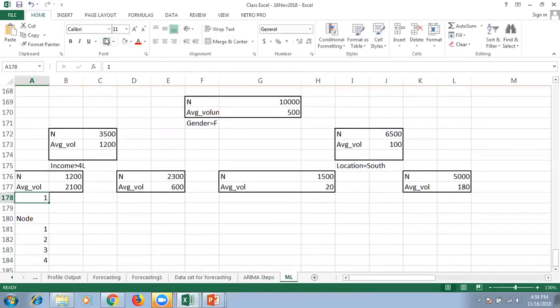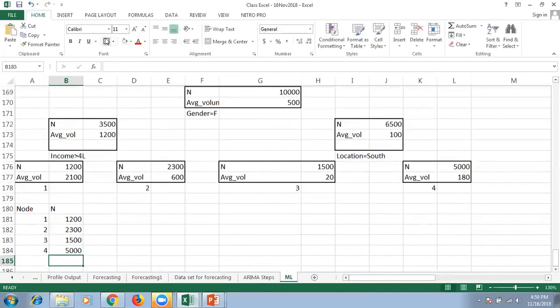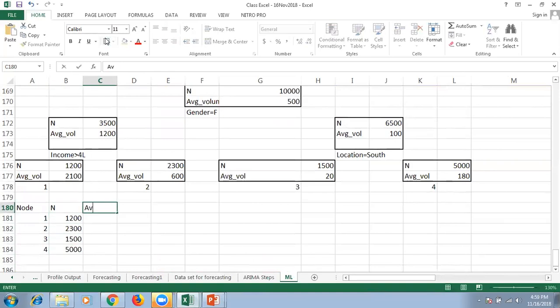Now what is the output? This is the first node, this is the second node, this is the third node, this is the 4th node. And what is the n? n is 1,200, 2,300, 1,500, and 5,000. And what is the average volume? 2,100, 600, 20, and 180. And what are the rules?